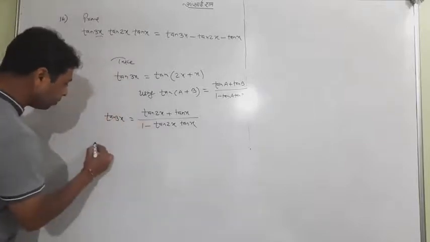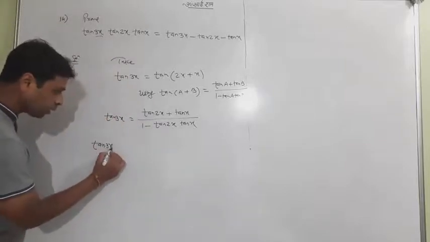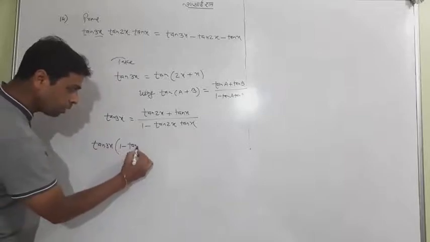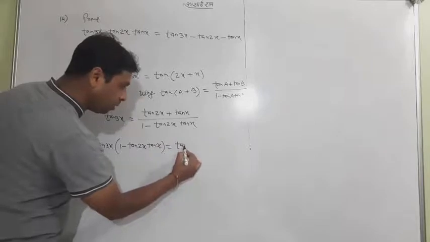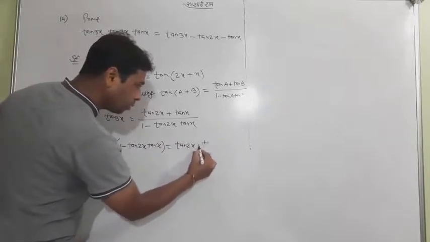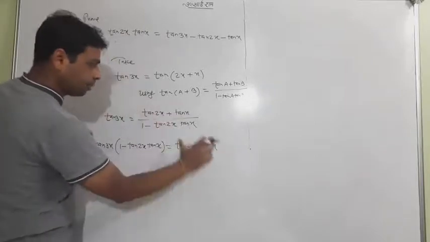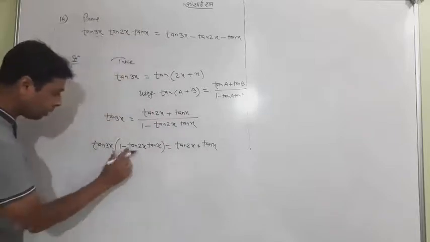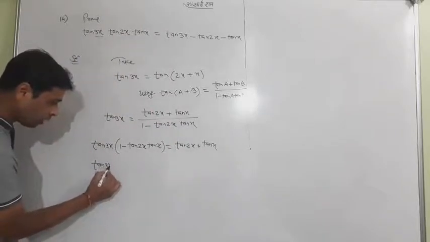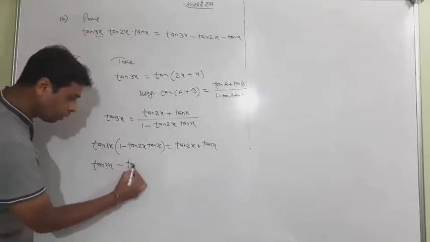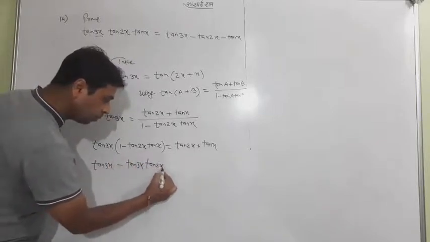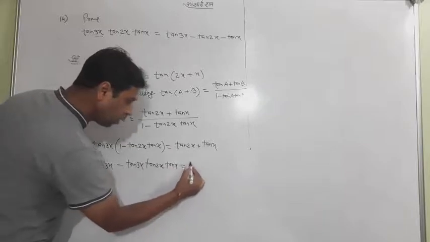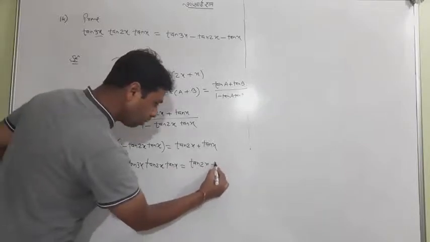Do the cross multiplication. Tan 3x multiplying 1 minus tan 2x tan x is equal to what remains here? Tan 2x plus tan x. Now I multiply: tan 3x into 1, tan 3x, minus tan 3x tan 2x tan x is equal to tan 2x plus tan x.